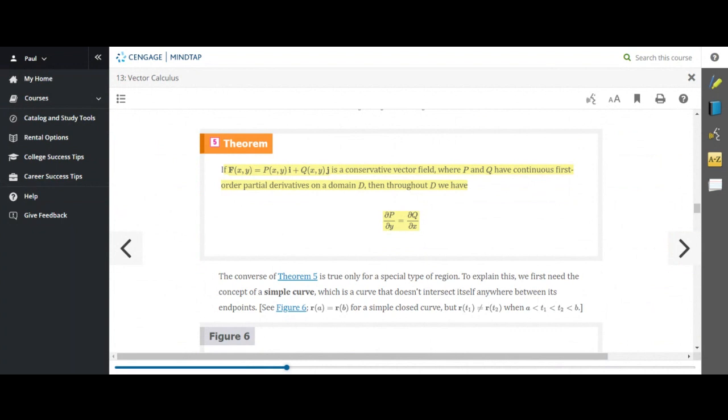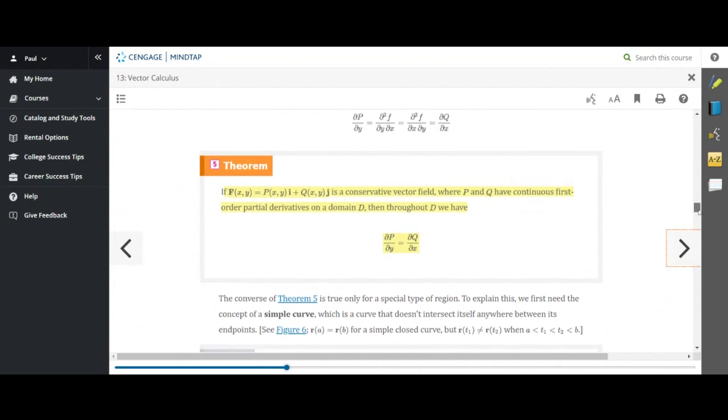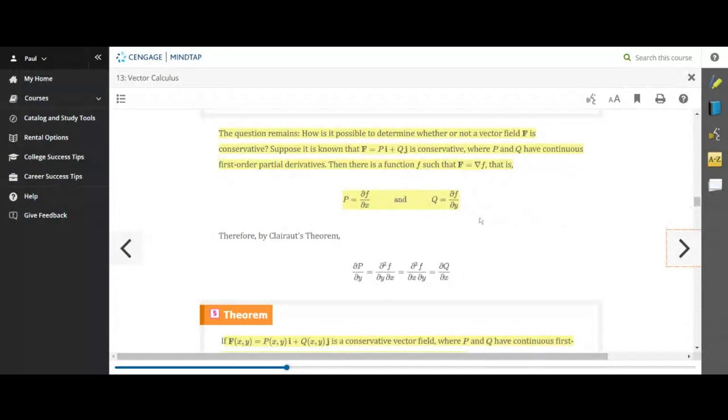That would make sense, because let's say you start here with P and Q, and they're both components of the gradient. So a gradient field is always a conservative vector field, okay?